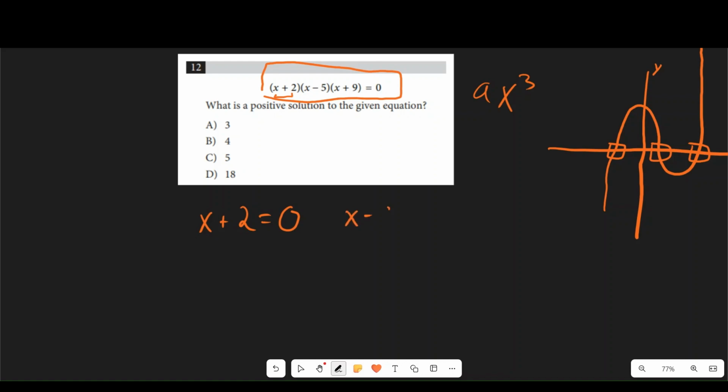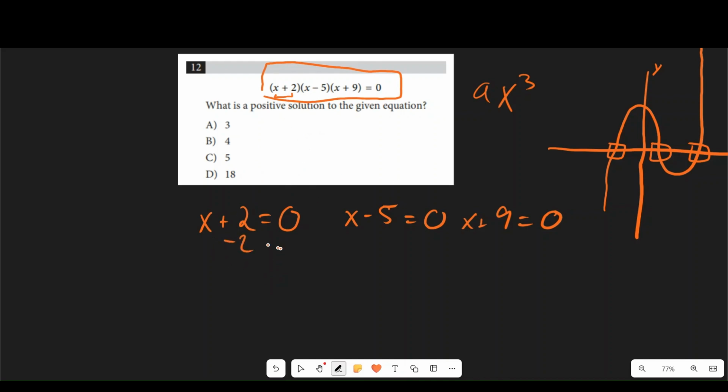We would have x minus 5 is equal to 0. And we would have x plus 9 is equal to 0. Now, this might look very familiar if you have done Algebra 1 and went through your factoring chapters or polynomial, binomial chapters, where you would graph parabolas. This probably looks like the last step, right? So they saved us the hassle of factoring and gave us straight to the last step. Now all we have to do is solve for x, right?